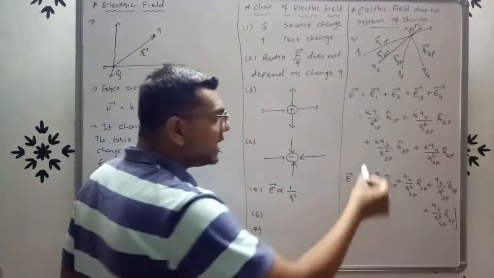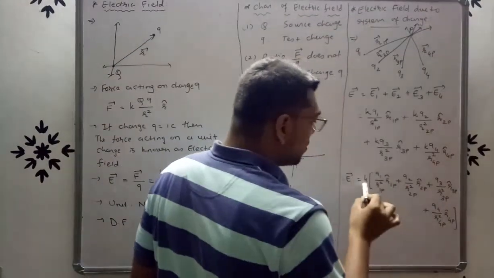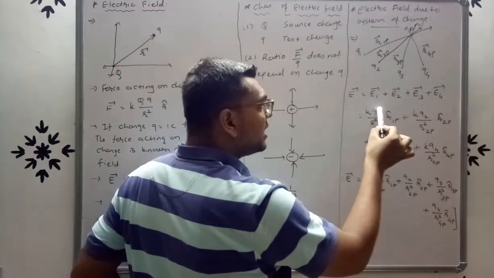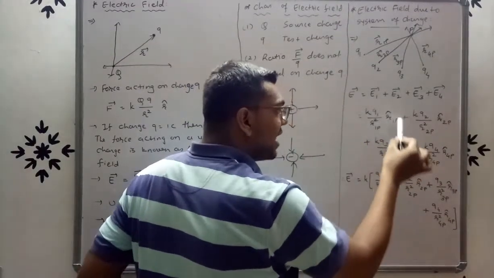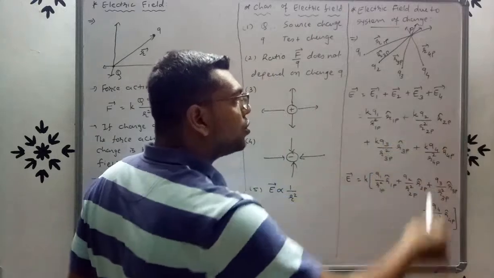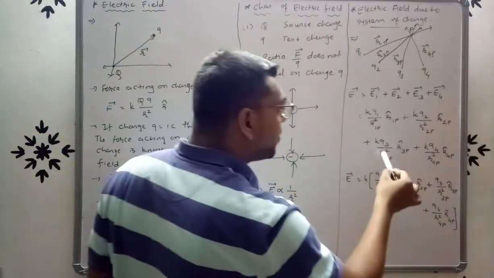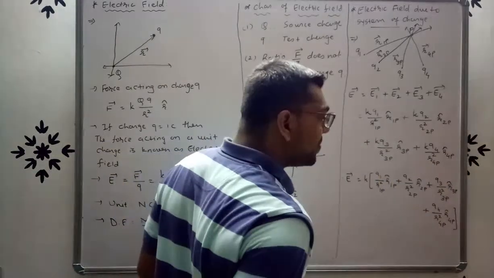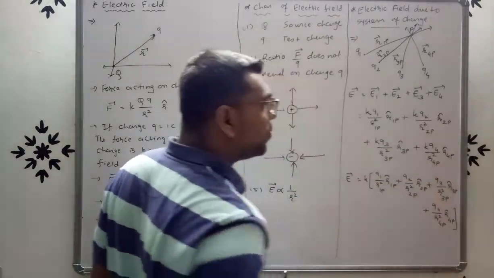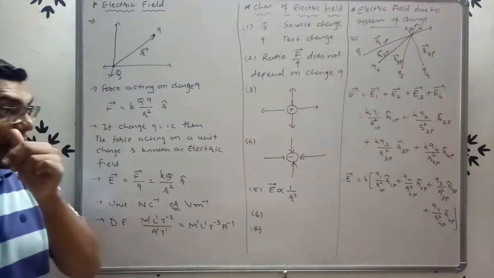Here we take K common. So the remaining terms are Q1 upon R1P square, R1P cap, plus Q2 upon R2P square, R2P cap, plus Q3 upon R3P square, R3P cap, plus Q4 upon R4P square, R4P cap.